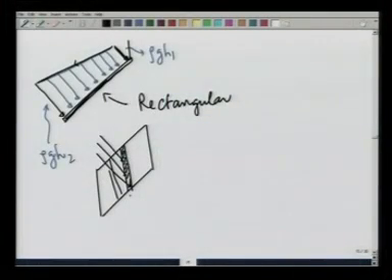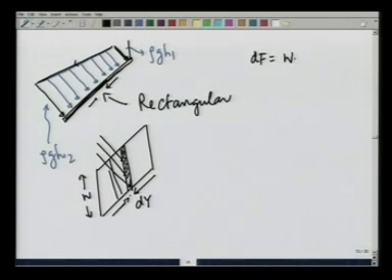So, let us see now the force acts at the centroid of this trapezoidal loading. How much is the force? If this width of the sheet is W, the force dF is going to be W, and let me call the width along the sheet d capital Y. So, dF is W d capital Y times the pressure rho g y.